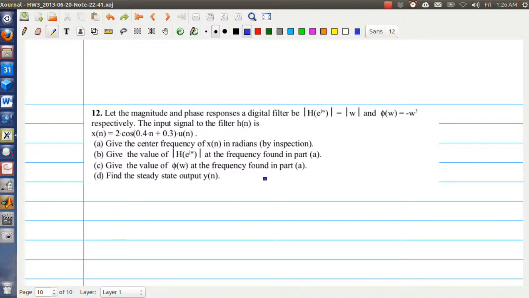Problem 12 is based on the response of an LTI system to a cosine input.